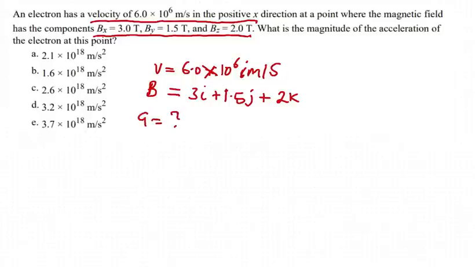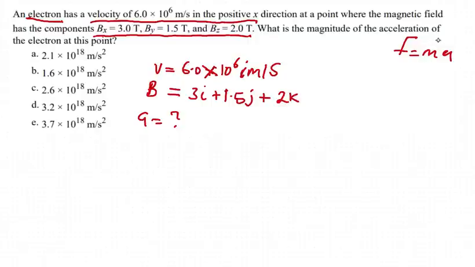So for us to find acceleration, if we're able to get the force in this whole system, then we can use the formula F equal to ma, where we were told that this is an electron.